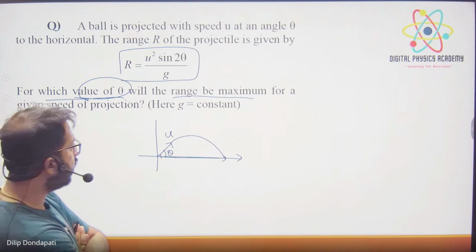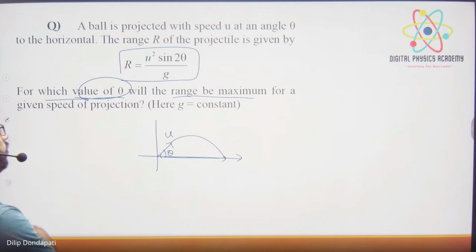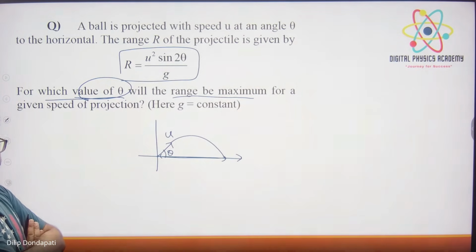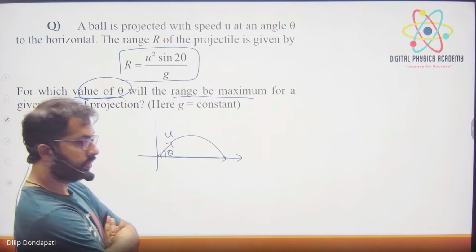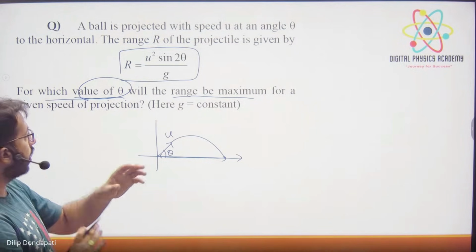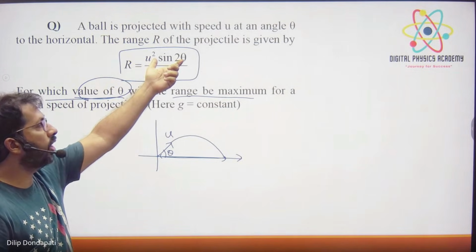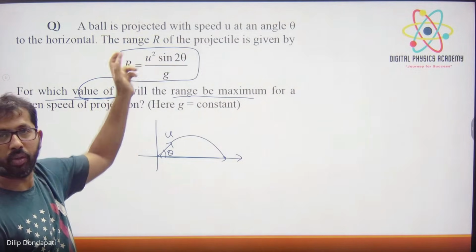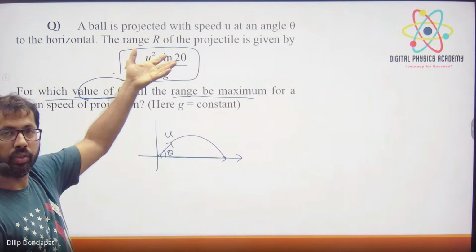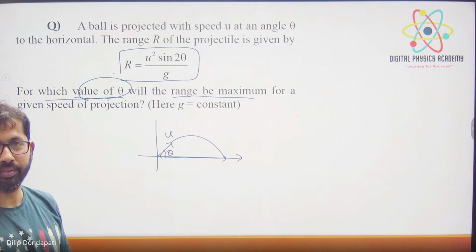We have to find a theta for which the range is maximum. I'll give a clue. If the range is maximum, that means sin 2 theta should be maximum. Then only is the range maximum. So find that angle first.